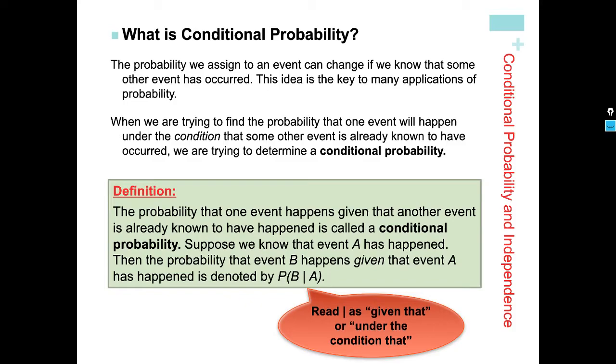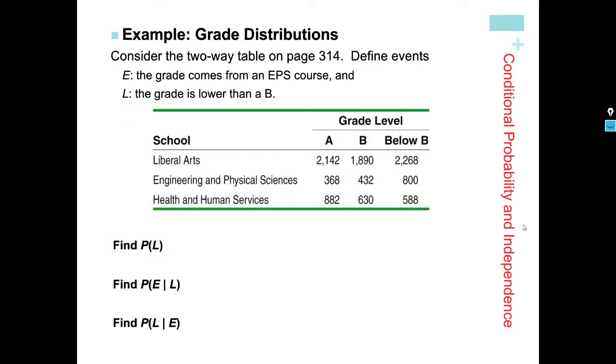Now, the easiest types of problems with these are actually with tables. And so let's take two different events.